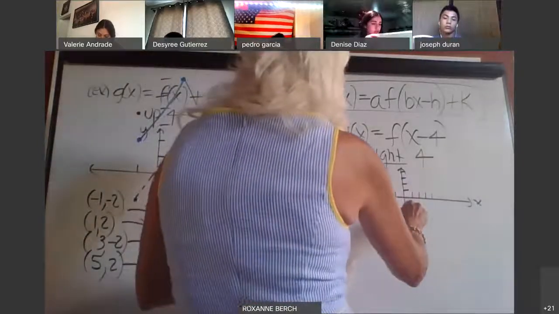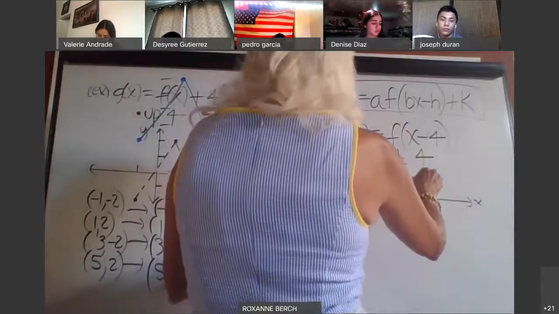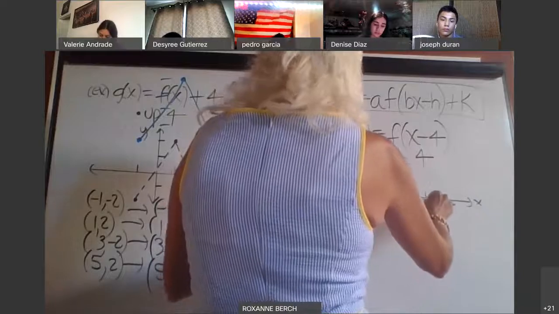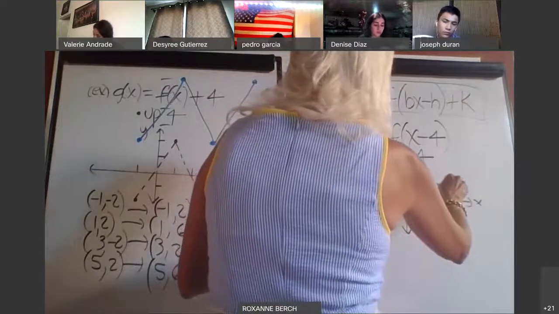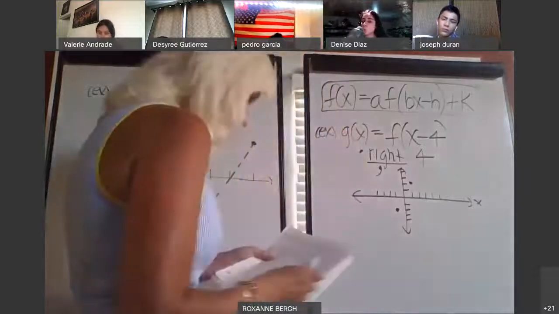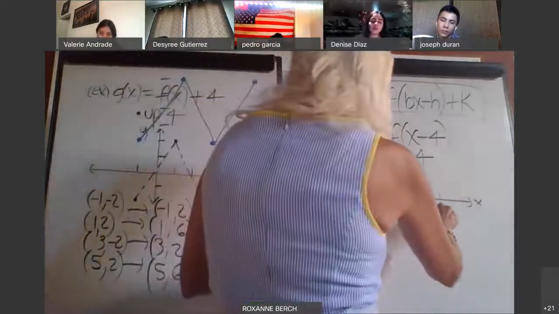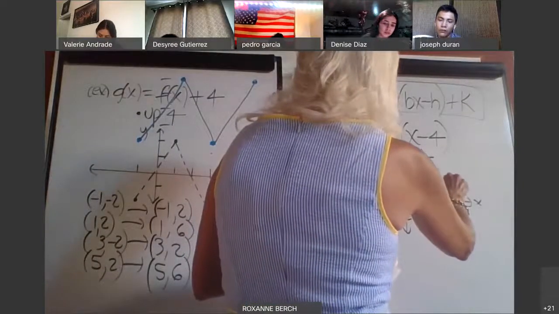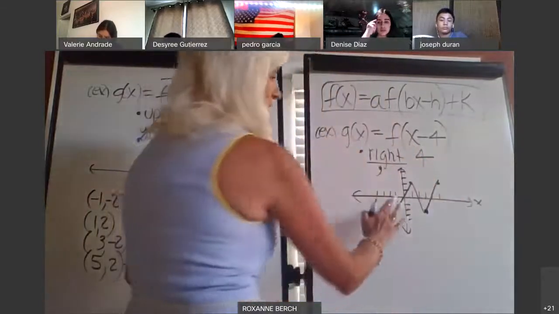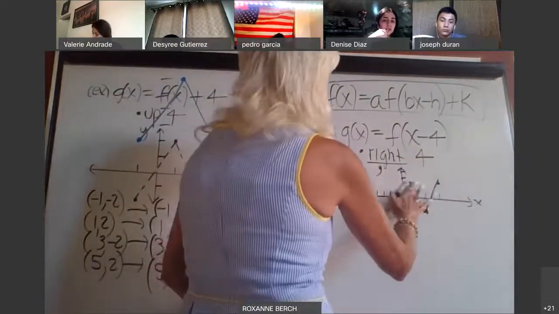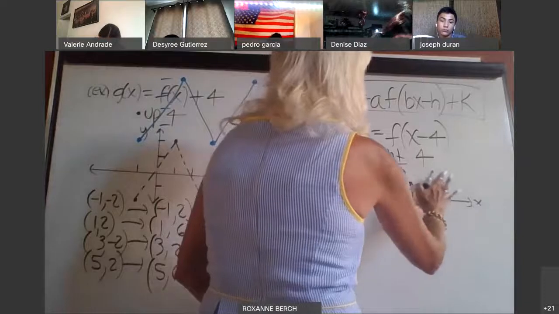Left one down 2, right one up 2, right 3 down 2, right 5 up 2. So this is what they gave as the problem. And like I said, this is the parent, so we want to make it dotted. It's not really there.